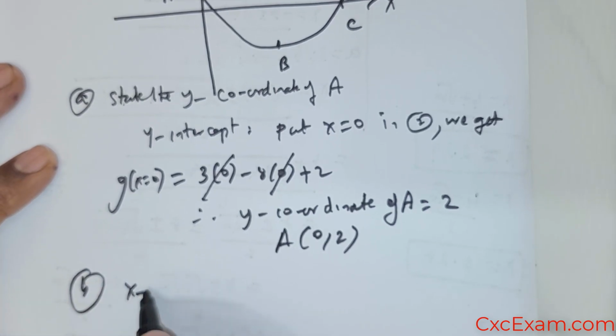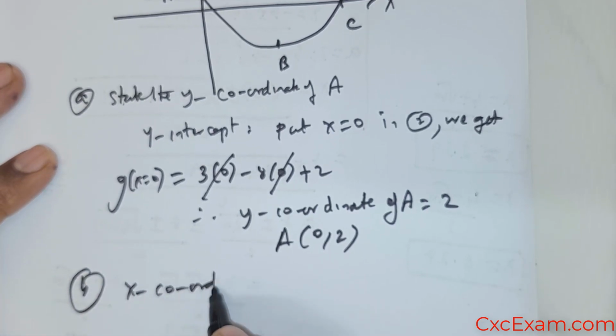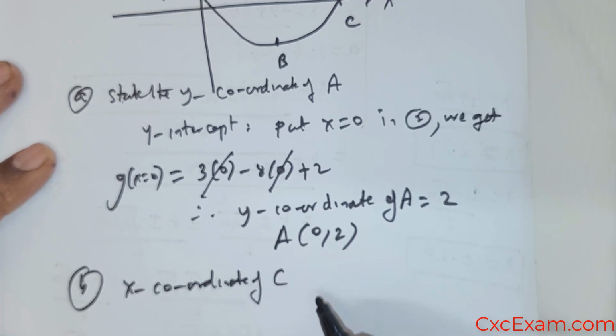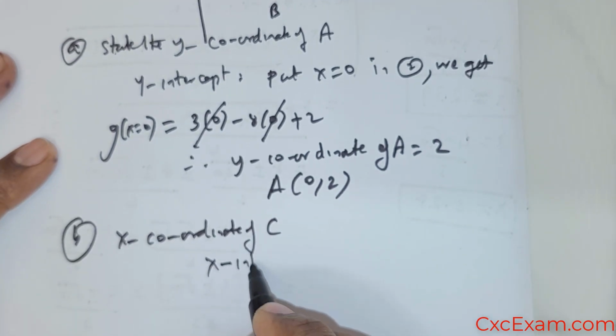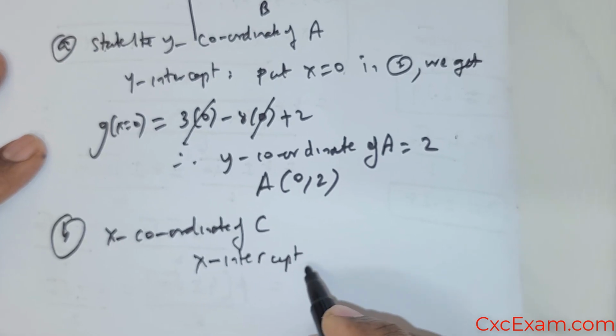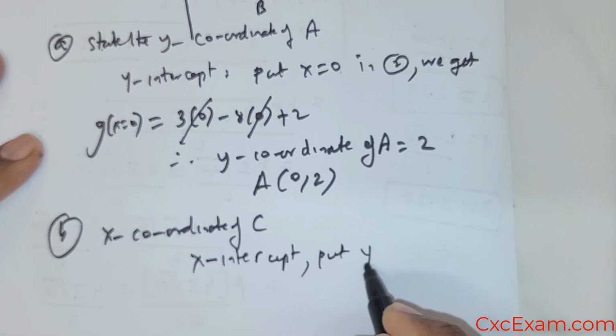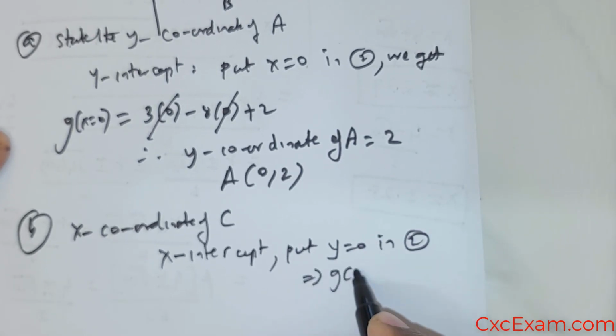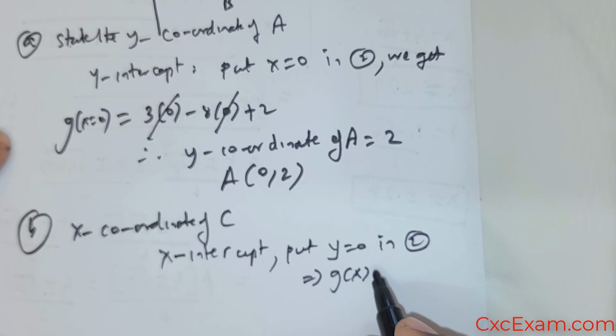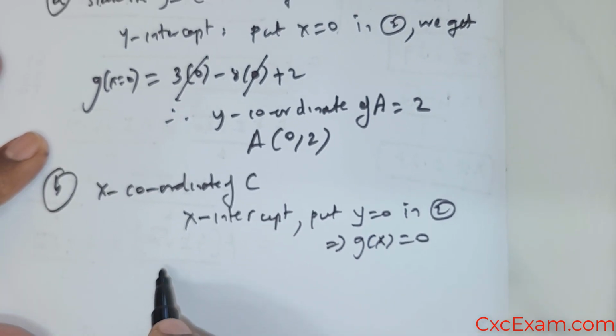Part B, we are asked to find the x coordinate of C. That means they are asking us to get the x-intercept. To get the x-intercept, you put y is equal to 0, which means g of x is equated to 0.